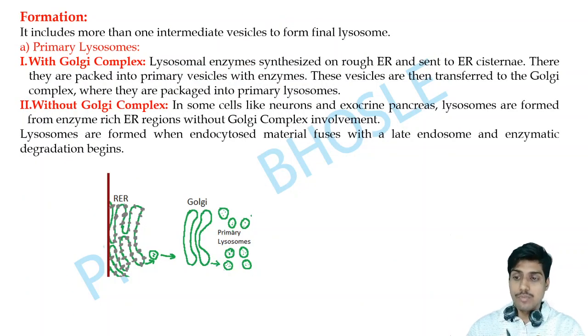Then we will go to the formation of the lysosome. The formation is through several steps and several intermediate bodies. There are many kinds of intermediate bodies like early endosome, late endosome, multivesicular bodies, and phagolysosome.